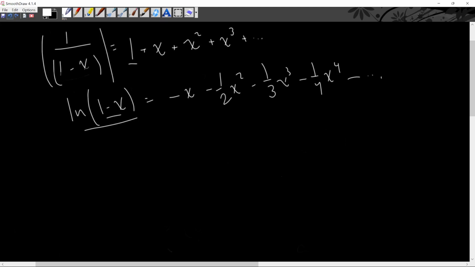But I'm going to do ln 1 minus x minus 1, right? Because, wait, no, that doesn't make any sense. So we're going to do negative of this value. So we're going to multiply. Now we're going to do ln of negative x minus 1, x minus 1. So we're just going to do a negative times each of these values.